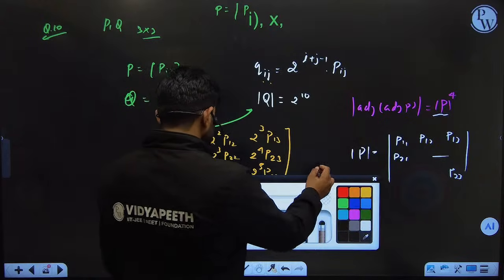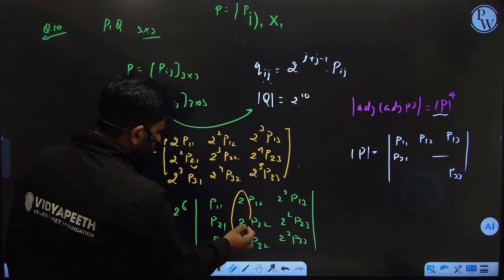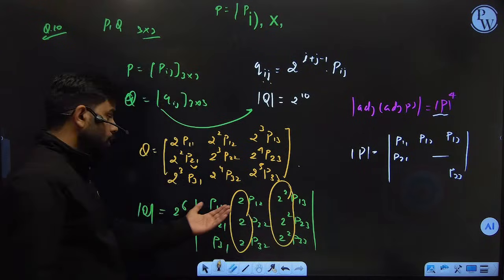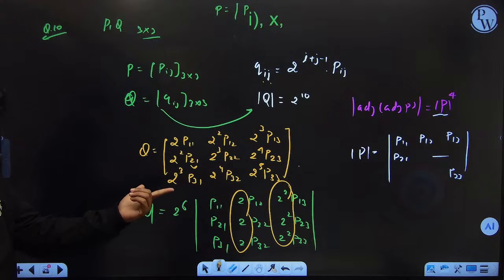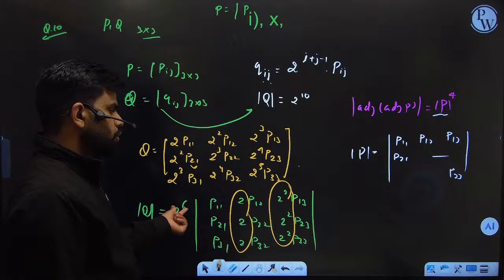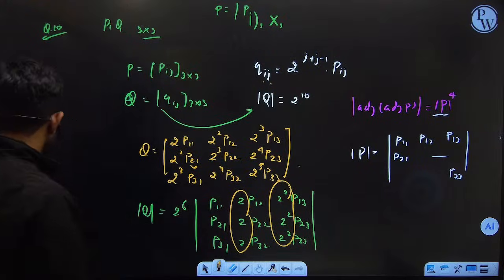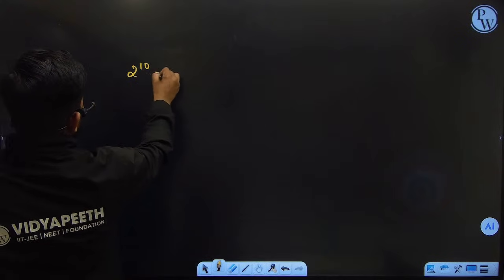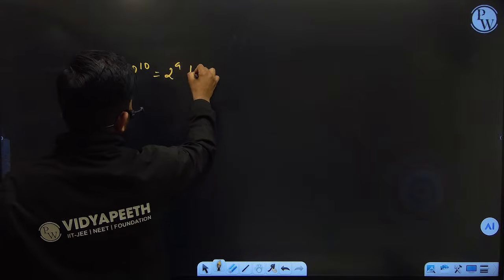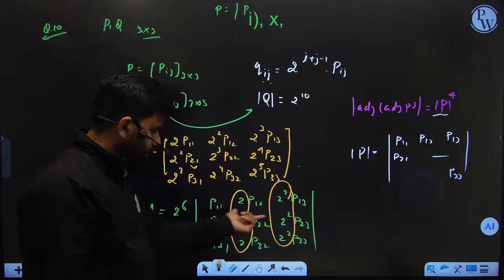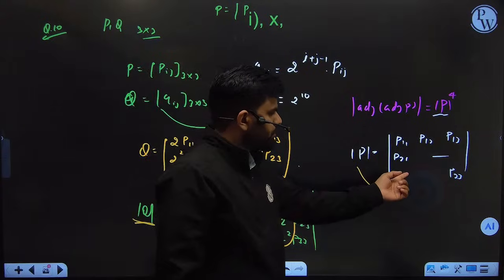Now if you take 2 common from column 2 and 2 power 2 common from column 3, that is one 2 from here and two 2's from here. So a total of 3, and 6 are outside, so it will be a total of 9. And the determinant of Q will be 2 power 10. So 2 power 10 is equals to 2 power 9, and if you take these 2's common, the remaining will form the determinant of P.